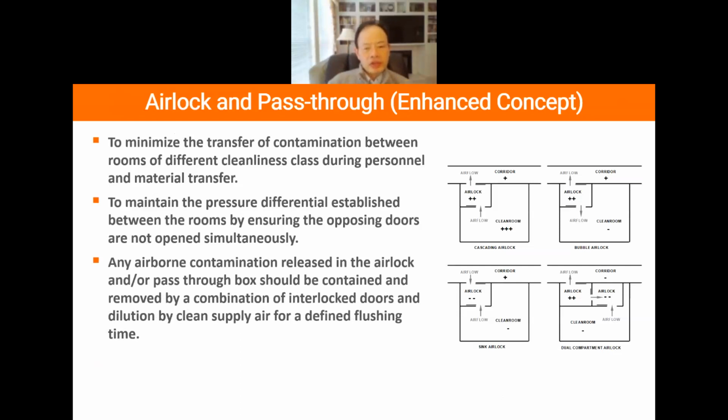Also, airborne contamination released inside the airlock or pass-through box is to be contained and removed by a combination of interlocked doors, dilution by clean supply air, or a defined flushing time. Typically inside the airlock, you are required to have a HEPA filter, so you can provide clean filtered air to replace dirty air, because every time you open an airlock door, particle migration will occur.